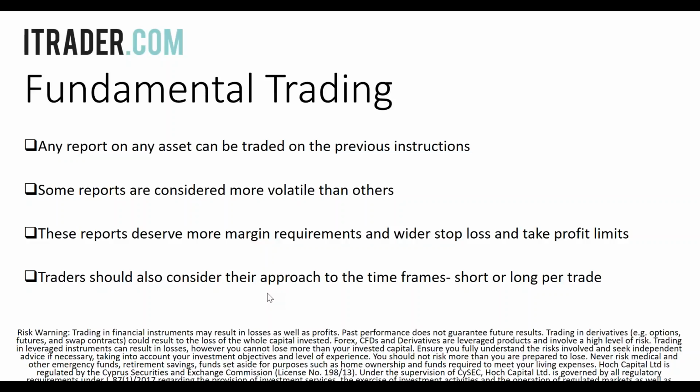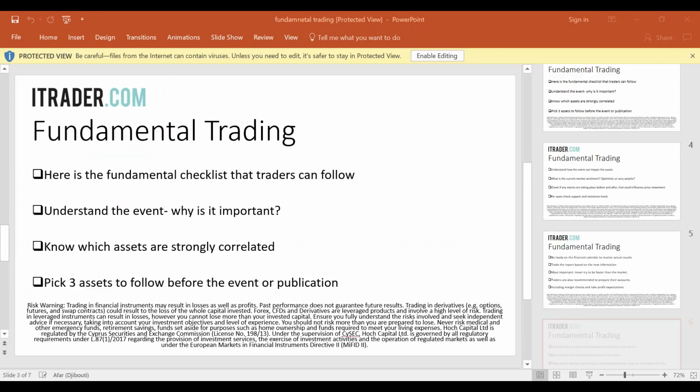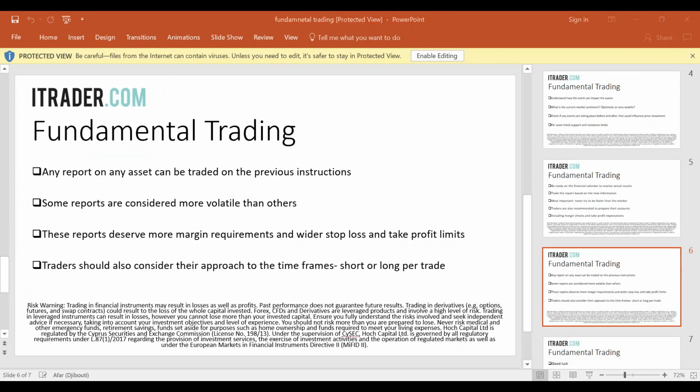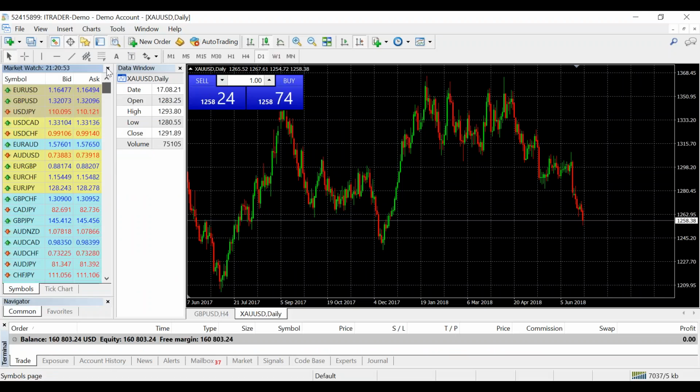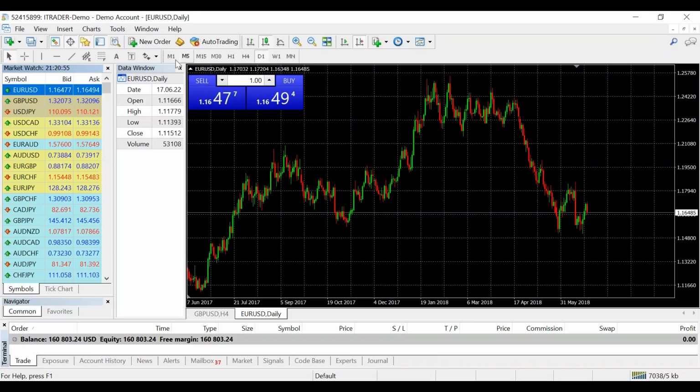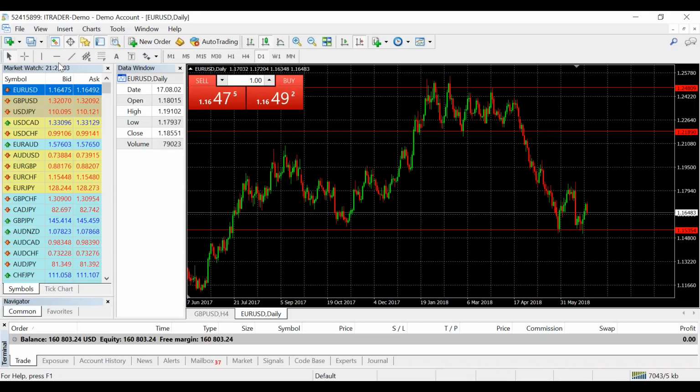Traders should also consider their approach to the time frame, short or long per trade. Of course, you want to start by looking at the daily chart. Mark some lines to understand. If I trade the euro versus the dollar, for example, I'm going daily. I'm pointing here. Here is a resistance. Here is another support, and the price right now we have another support and resistance.